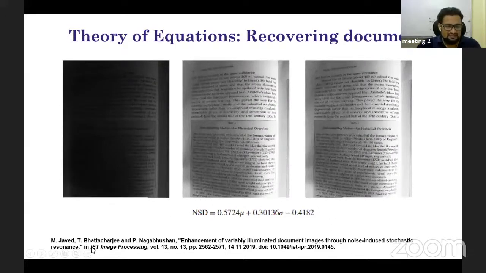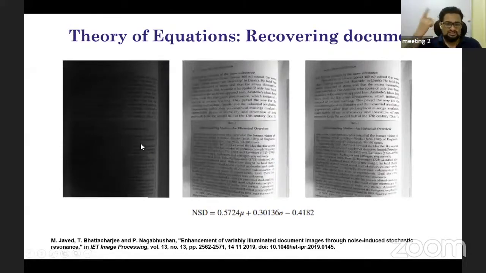This is the reference: enhancement of variably illuminated document images through noise-induced stochastic resonance. Stochastic resonance is a physical phenomenon which we have modeled using this formula. You plug in the mean value and standard deviation value, and you get the noise to be added to this document to recover it.